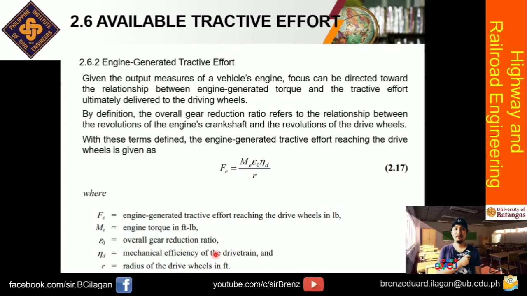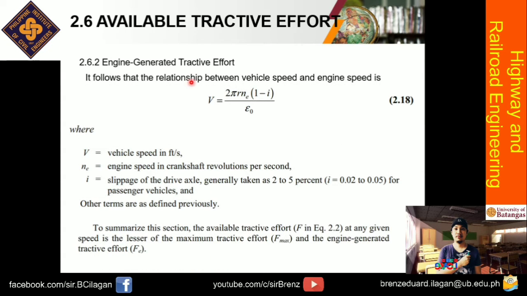It follows that the relationship between the vehicle speed and the engine speed is given using this equation. So kapag vehicle speed ang pinapahanap and kailangan mo yung mga given is yung relationship ng engine speed, so you will use this equation. So V, or the vehicle speed, is equals to 2 pi R times N sub E. Again, N sub E is the engine speed in crankshaft revolution per second.